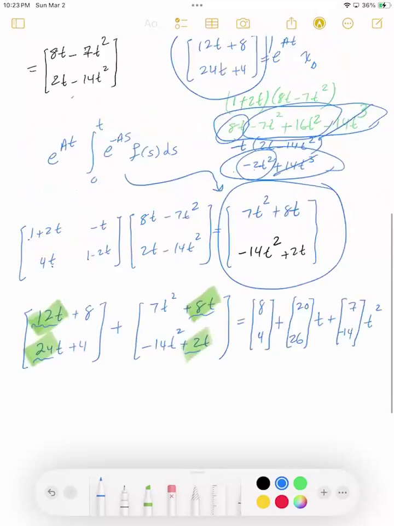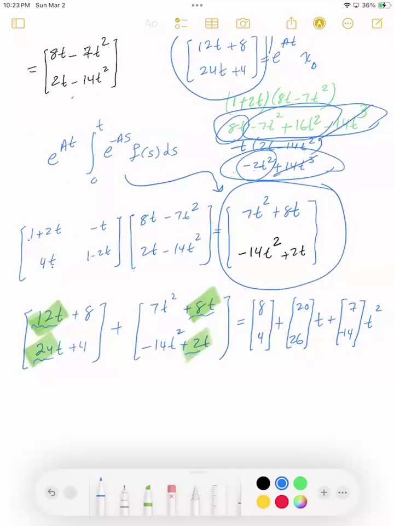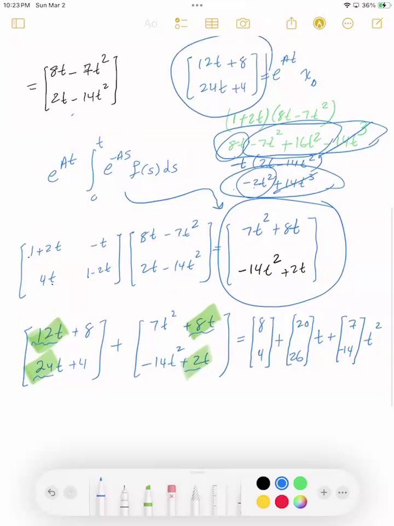Was it negative 14 or did I have a positive 28? I think this was positive 28 because when I multiplied that, this was positive. It's my mistake. This is positive. Oops, positive 14.